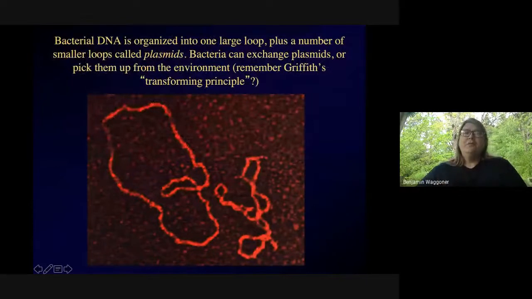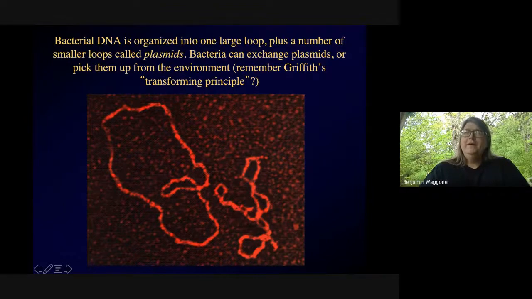A difference between prokaryotes and eukaryotes that I didn't mention is that prokaryote DNA is organized into loops. Eukaryotes have chromosomes, and a chromosome is basically one long strand of DNA, one long piece of string that's got a beginning and an end.